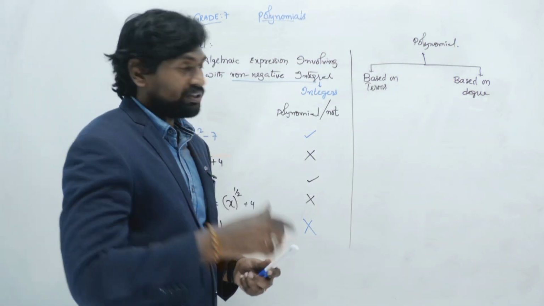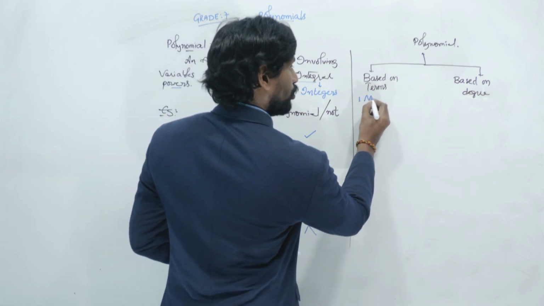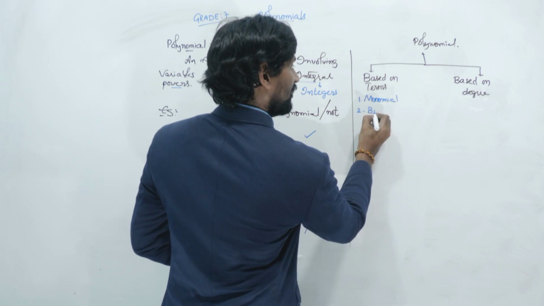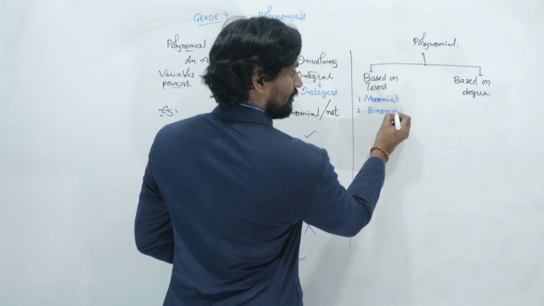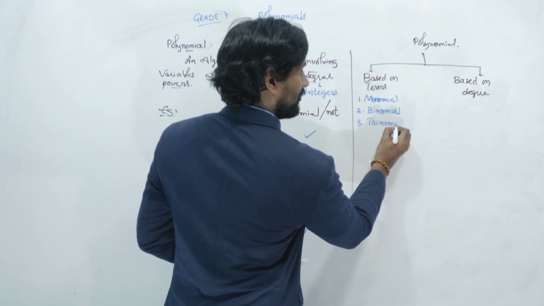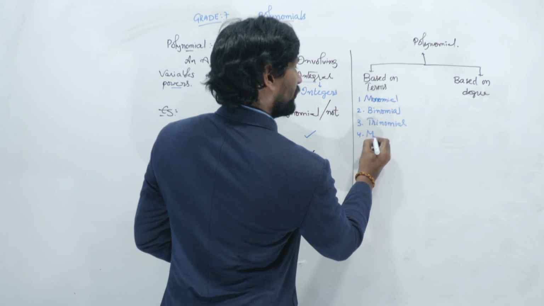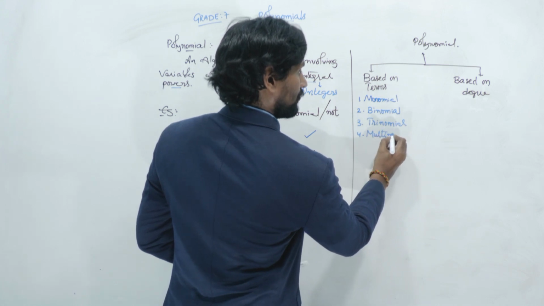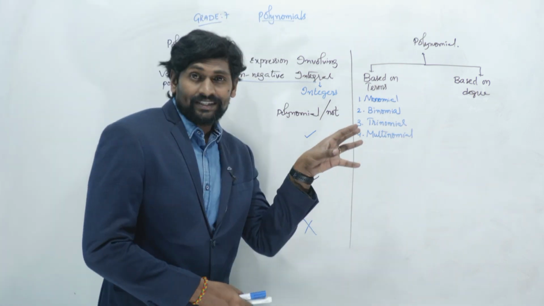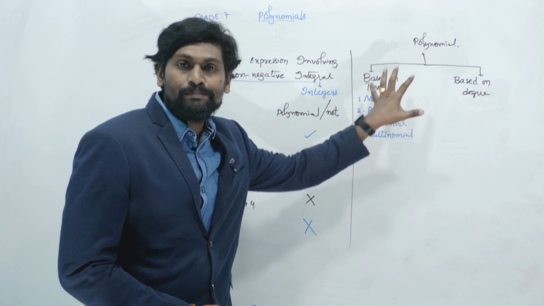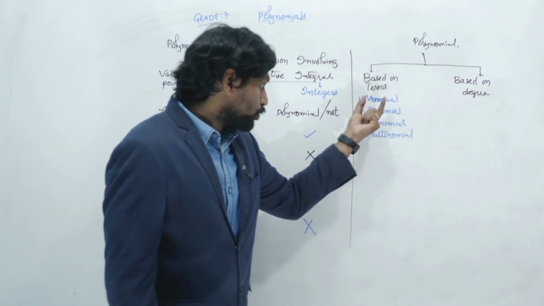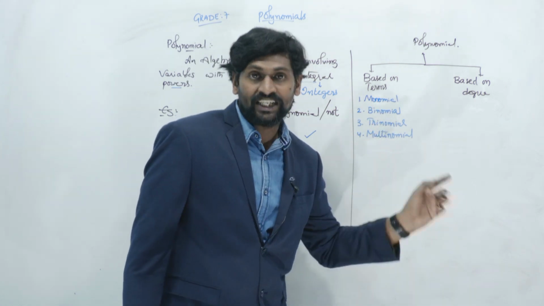Based on terms, we have monomial, binomial, trinomial, and multinomial. So, based on the terms, there are mainly four types: monomial, binomial, trinomial, and multinomial.